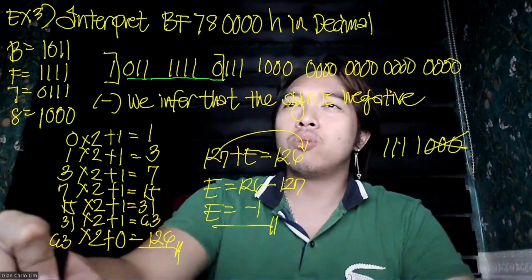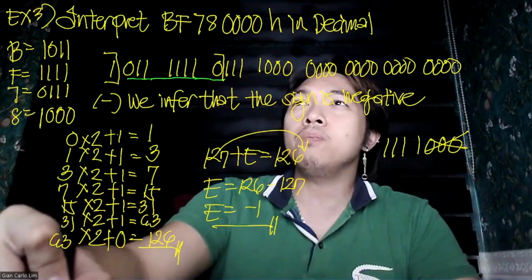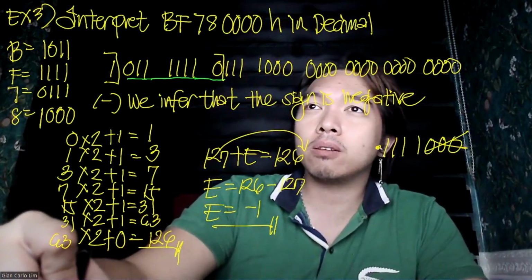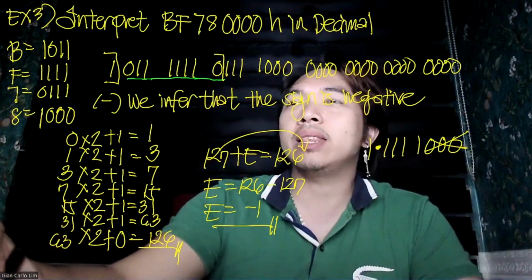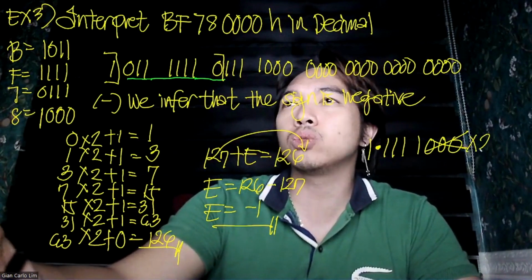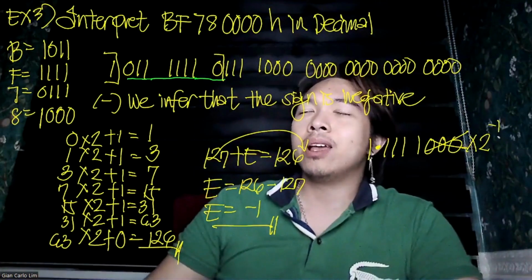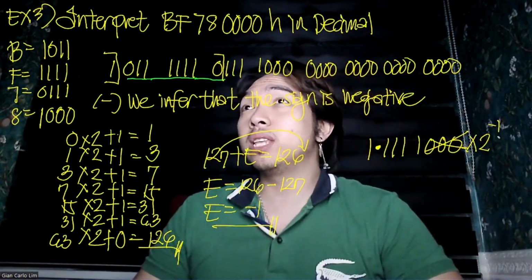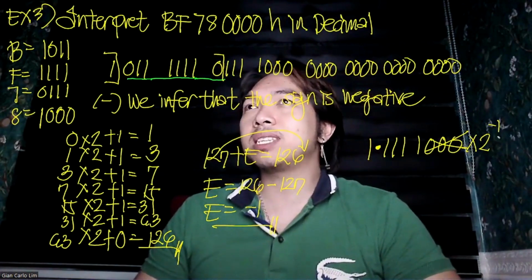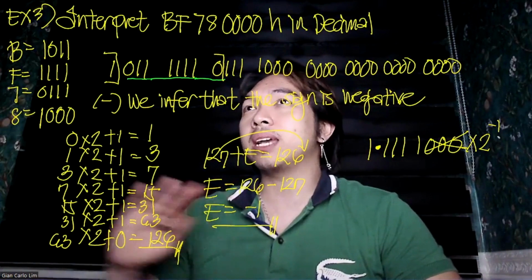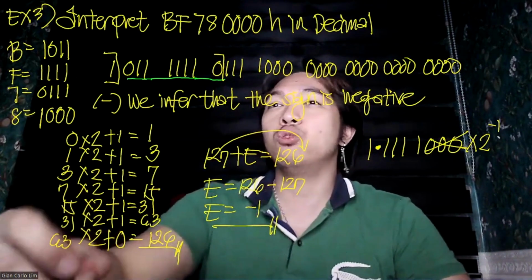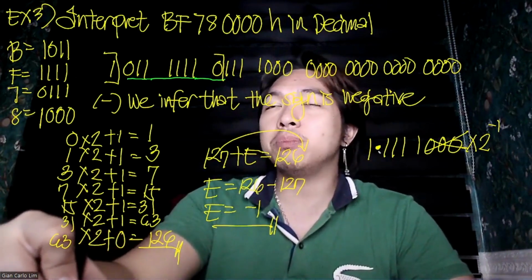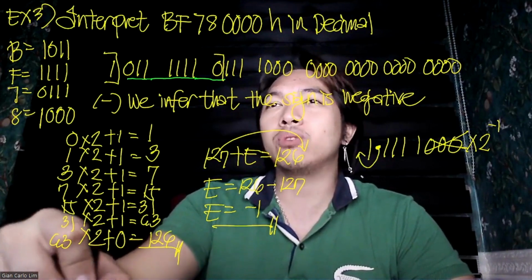So 1, 1, 1, 1. What we do, we append point and then 1. And then lagay natin times 2 raised to negative 1. If that is negative, we move the place to the left. Ibig sabihin, papunta siya sa may kaliwa. So therefore, 1 decimal place yan, so we'll move that by 1.